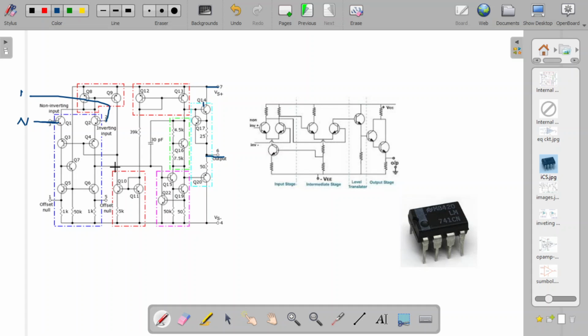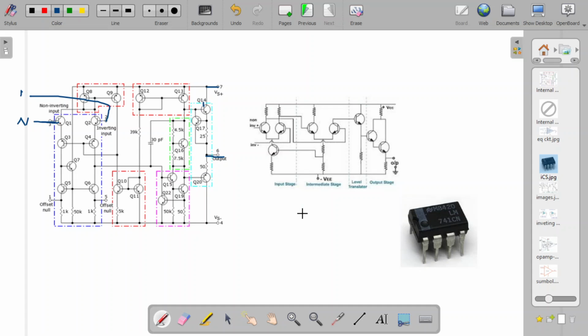And such a thing is what we call an IC, right? You can see that IC is what I have shown here. The whole thing which you see here is integrated into a small package, and that is what you see here.